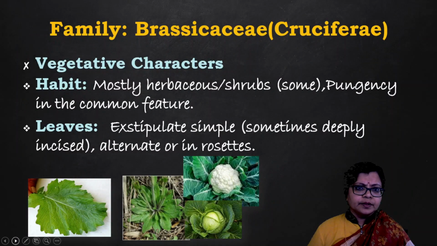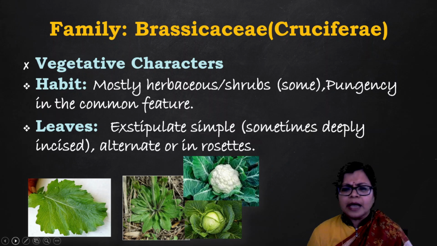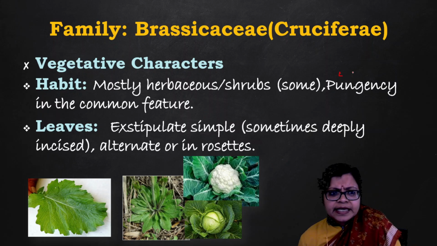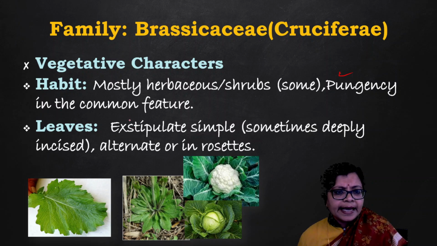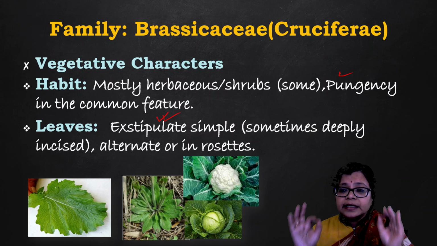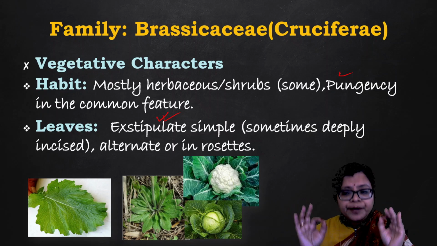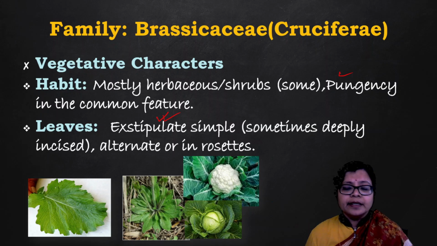Next, mostly herbaceous. That means they are short height and green in color, though some members are shrubs. And pungency is the unique feature of the members of this family. Leaves are exstipulate. What does it mean? Now the question is, what is stipulate?